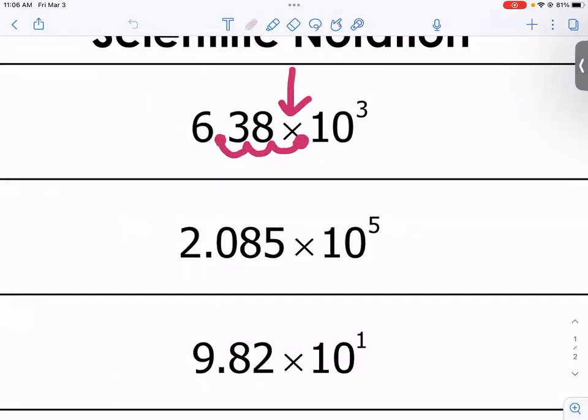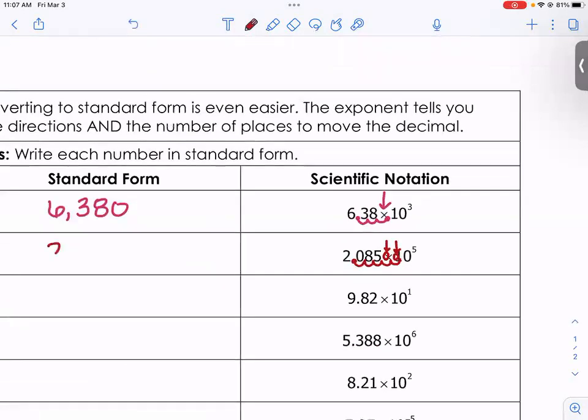All right, here is our decimal, and we need to move it how many times? So 1, 2, 3, 4, 5. Okay, well, notice how I have 2 empty spaces there. So that means we need to fill them in with zeros. Okay.